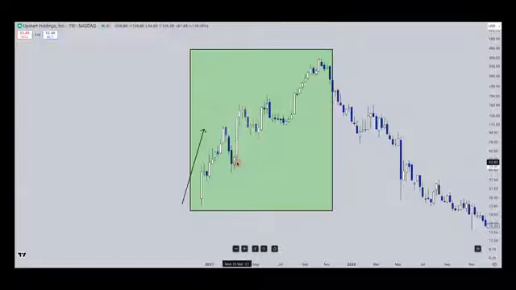You see how this single candle right here is larger than these three candles combined. Is larger than these three down close candles combined. Okay? So you want to be on the side of the trend.